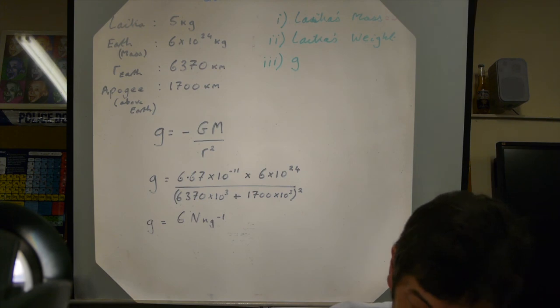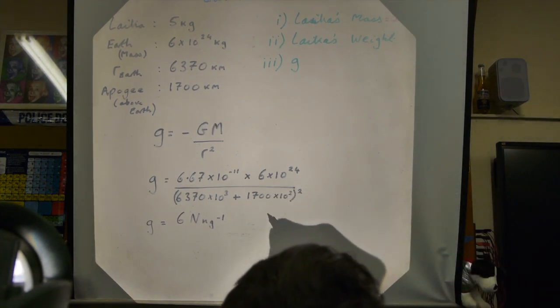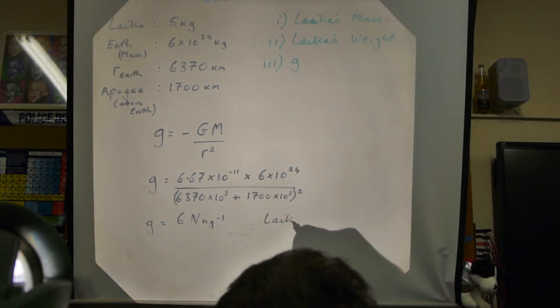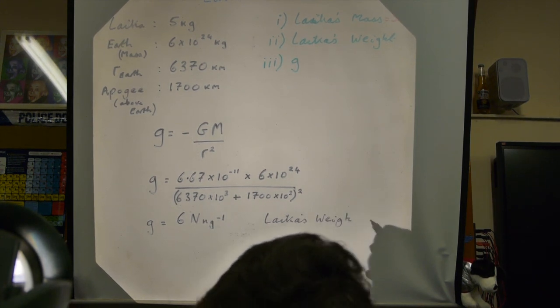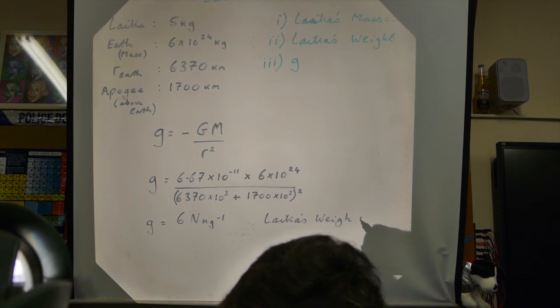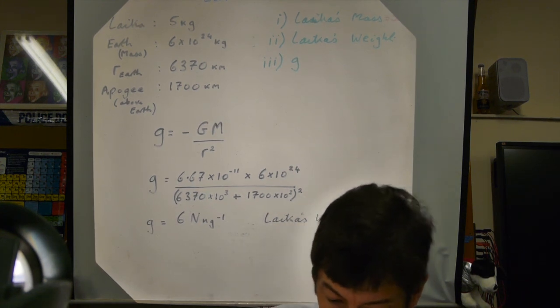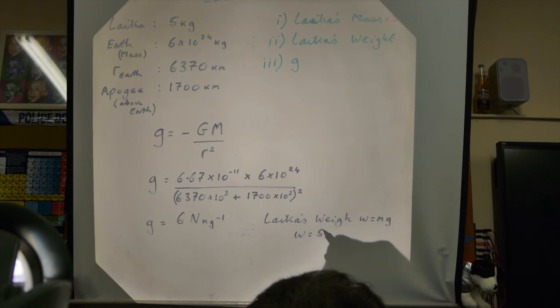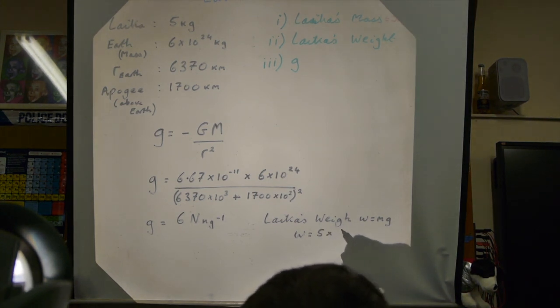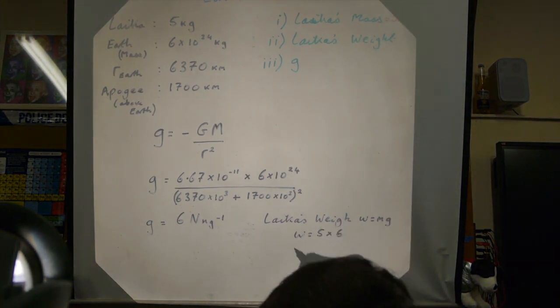We know that Laika's weight, W, will be equal to mg. So her weight will be m, her 5 kilos, times g, which is 6 at that point.